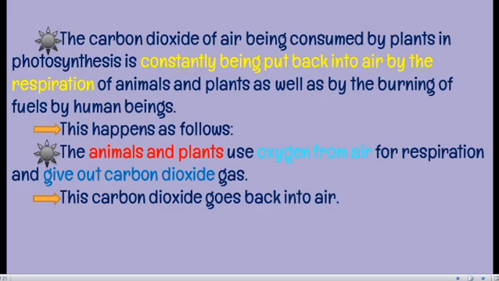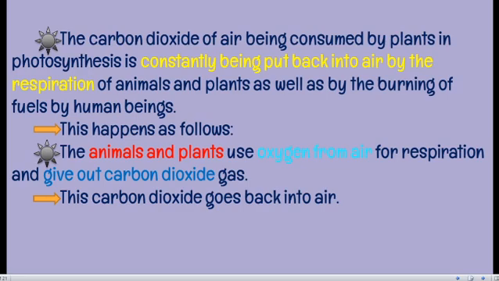Now we have seen the oxygen cycle. So what about carbon dioxide? The carbon dioxide of air consumed by plants in photosynthesis is constantly put back into the air by the respiration of animals and plants as well as the burning of fuels. It is the same thing, and it is also useful for balancing carbon dioxide in the atmosphere. How? We are using oxygen, then we are giving out carbon dioxide. That means we are inhaling oxygen and giving out carbon dioxide.